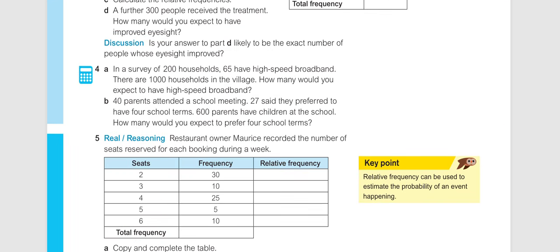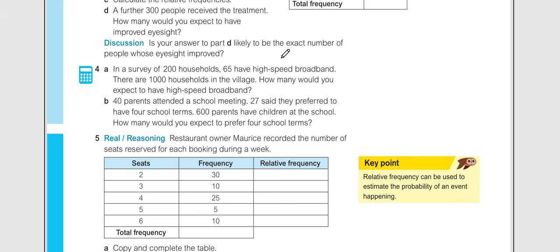Right, so question 4. In a survey of 200 households, 65 have high-speed broadband. There are 1,000 households in a village. How many would you expect to have high-speed broadband? Okay.